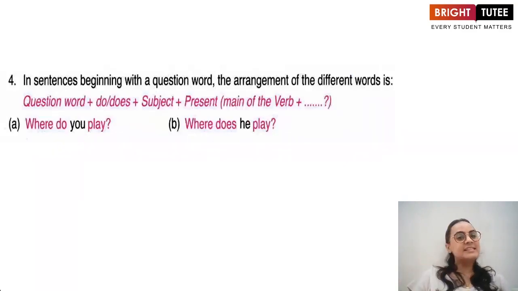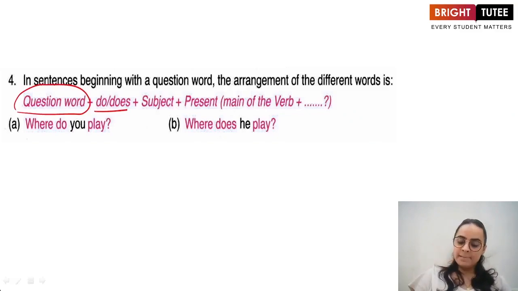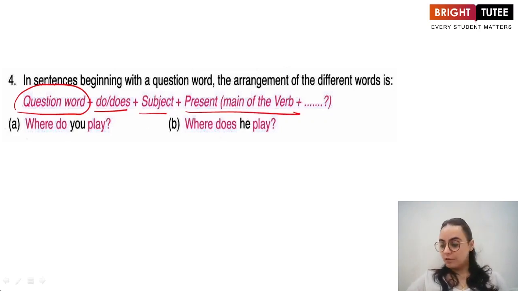What is the sentence structure of a simple present tense? If we are framing an interrogative sentence out of it, we will use the question word followed by either do or does, plus the subject, plus the present tense of the main verb.